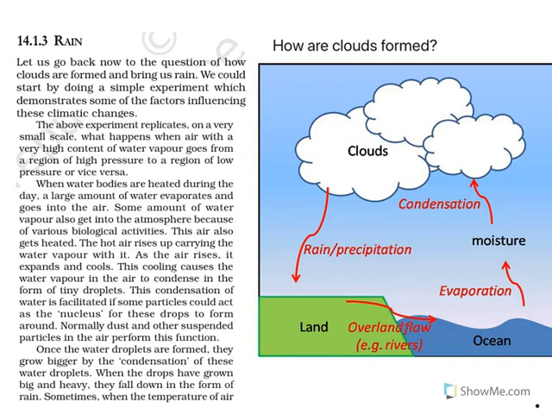We'll now learn how clouds are formed. It all starts in the ocean or in other water bodies where the water first evaporates. This evaporated water vapor then rises up into the air. As it rises up in the air, here it is cool. And because it is cold, the water vapor now condenses into drops of water. As time passes, these drops of water get larger and larger because more and more water vapor collects around them.